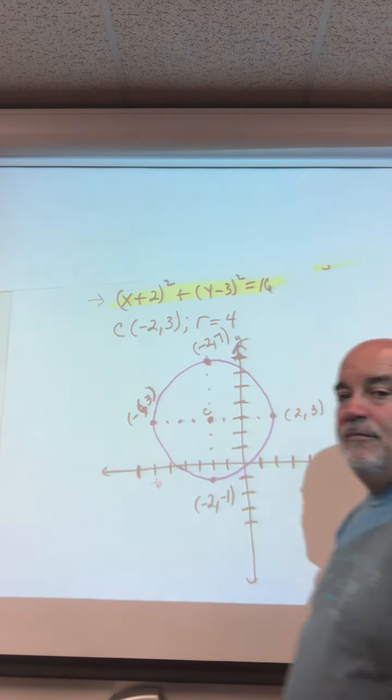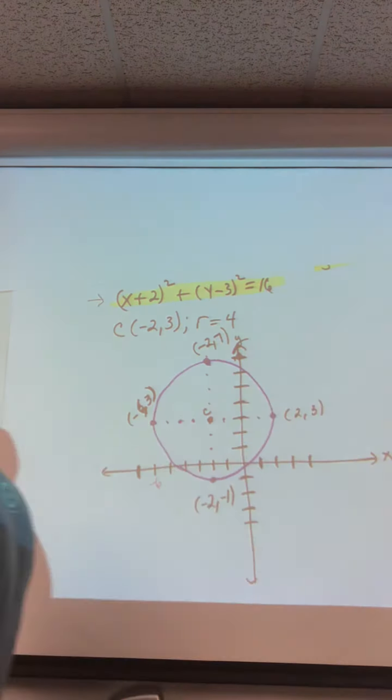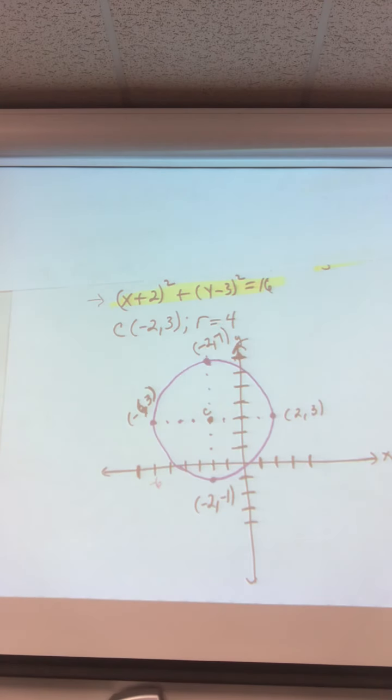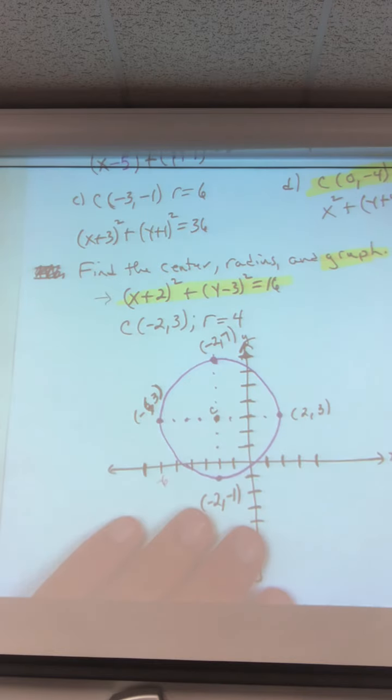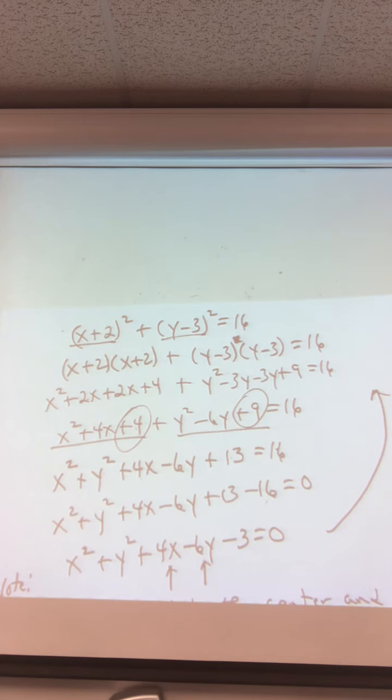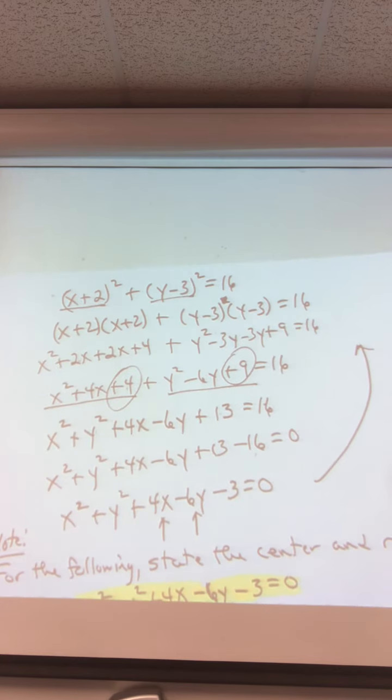So everything we've been looking at right now has been circles that are in center radius form. Now, to complete this video and bring us into the next section, I want to show you something. You don't have to write this down. This is introduction.